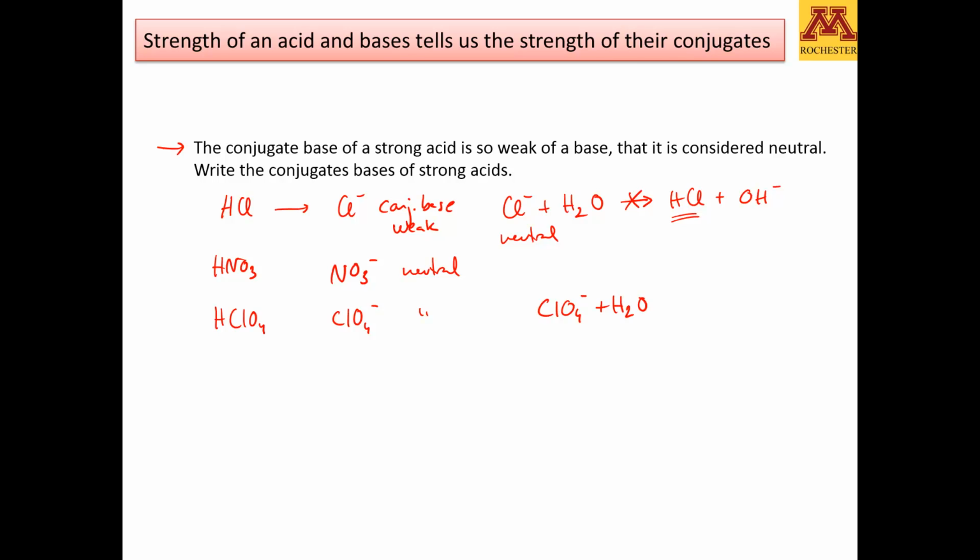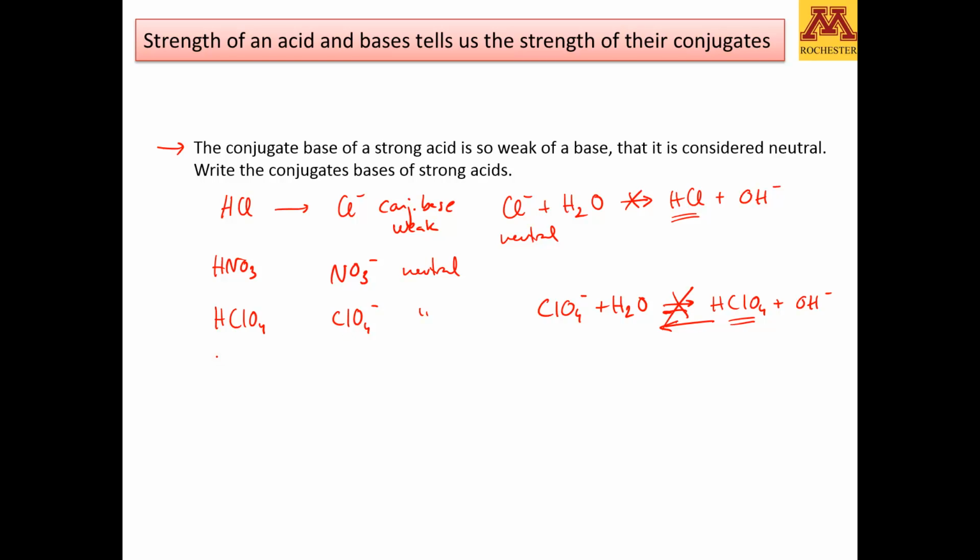Do not expect chlorate to accept a proton. I'm just going to cross it out in a minute. Do not expect this to happen, because when you have a strong acid, it means that the conjugate base is so weak it cannot have any acid-base property, because this reaction would be completely displaced to the left.